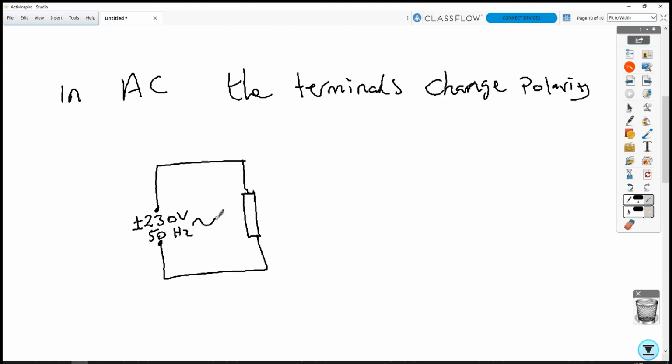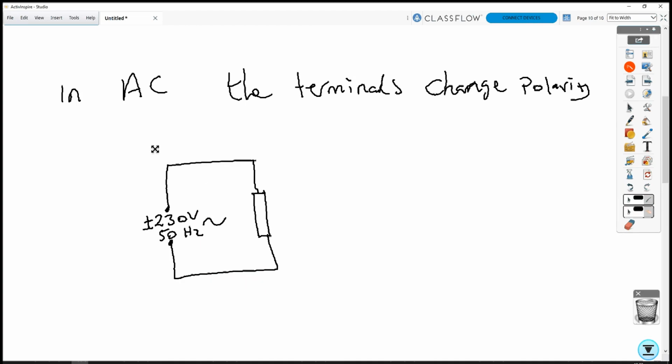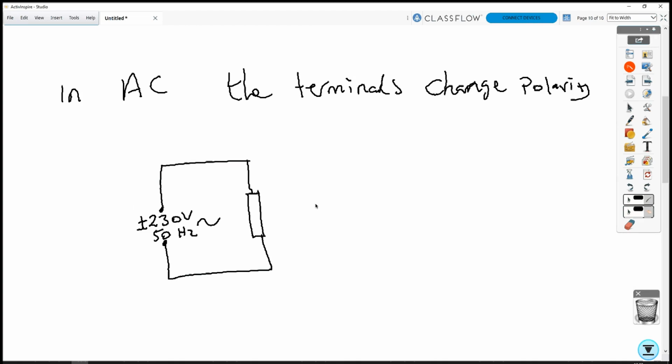And we use the AC symbol, which is the wave. It would actually be beneficial if I were to shift these a little bit. Okay, not possible. I'll just rewrite it. Right, that just looks a bit better.